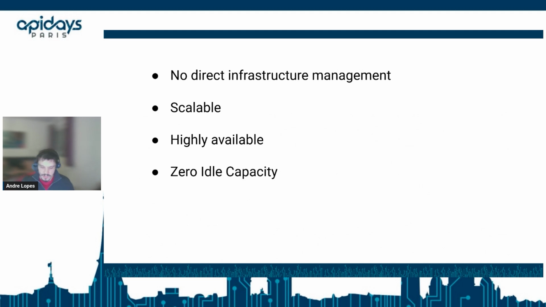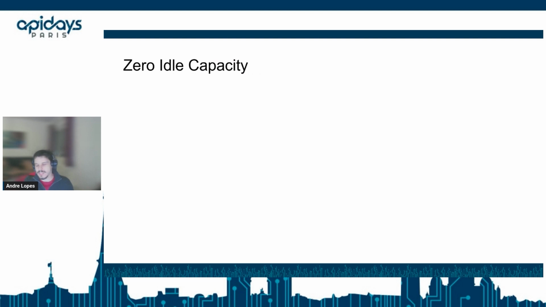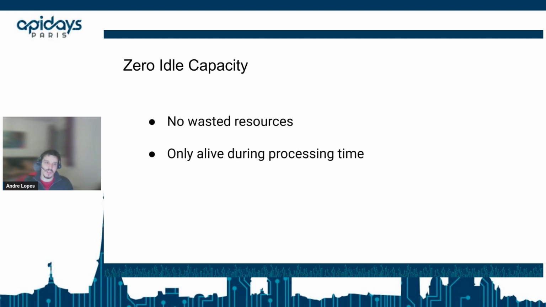Also, serverless has zero idle capacity. And what does that mean? That means that you don't have wasted resources, because your service is only alive during processing time, and after that it is just disposed of.